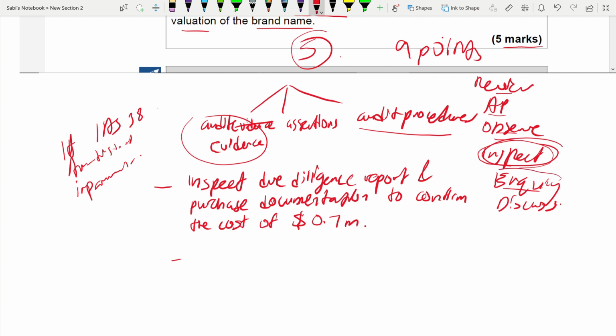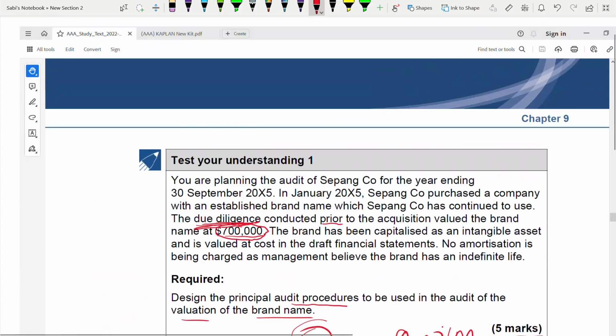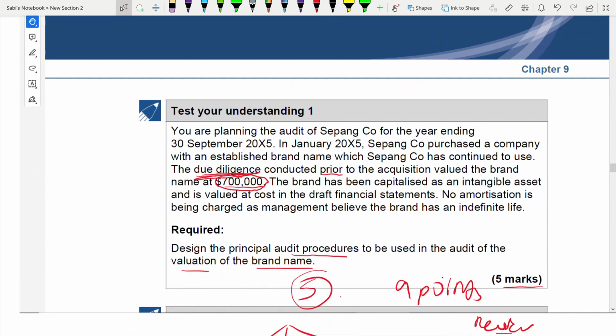So you can inquire. You see, this is how you choose the correct word based on the nature. So you inquire. Whenever you have to ask the manager, use the word inquire. Inquire of management. Okay, inquire of management what? See, one thing they have told in the case study, they believe the brand has an indefinite life. Right?